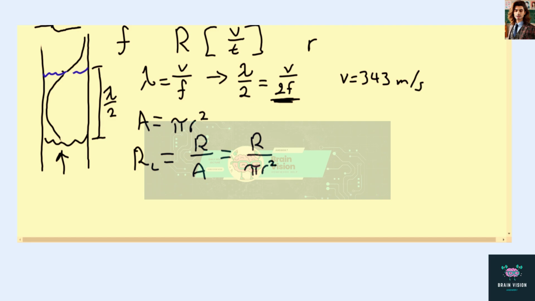So the rate of change of the height of the water is just going to be equal to the rate of change of the volume of water divided by the cross-sectional area of the tube. And we already have an expression for A that just uses the variables that we're allowed to use. So this R_L is going to be equal to capital R divided by pi r squared.